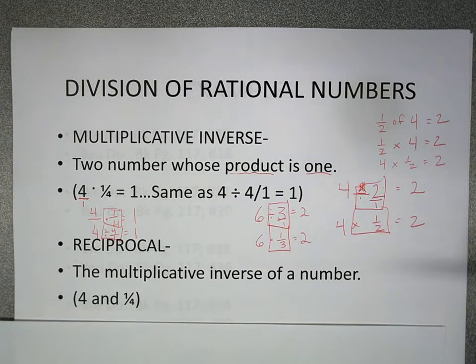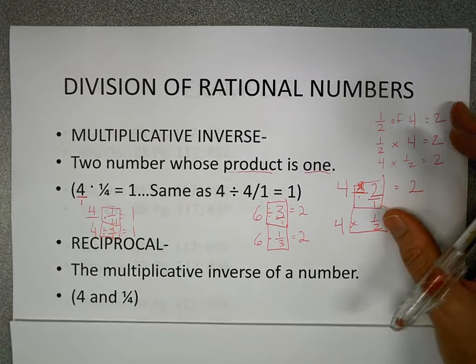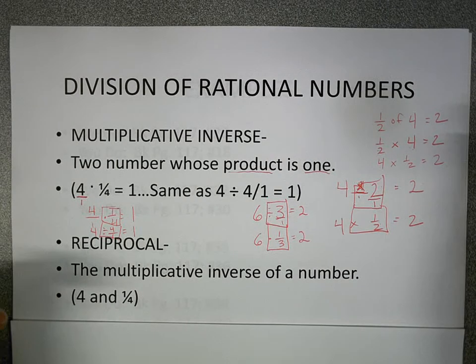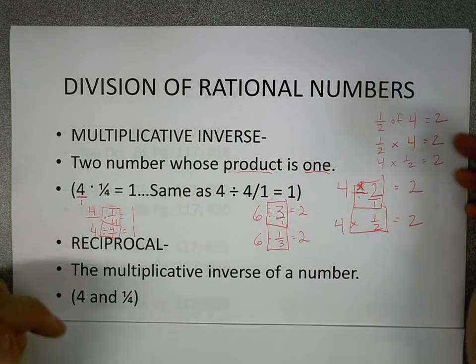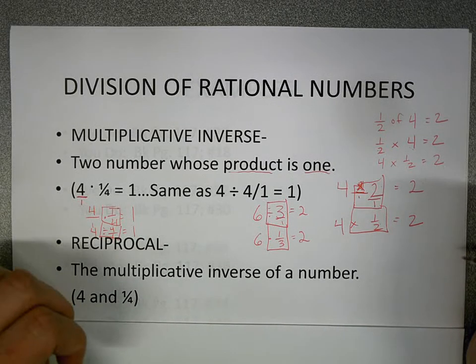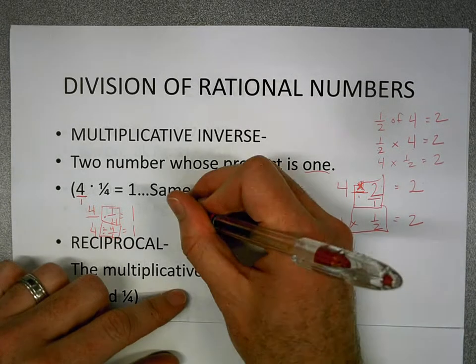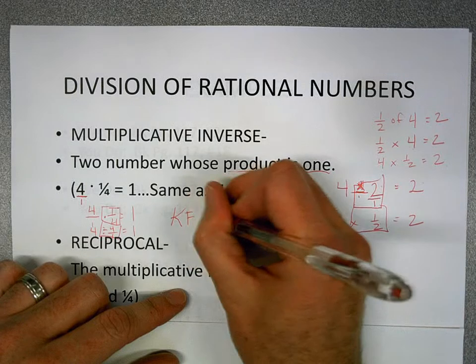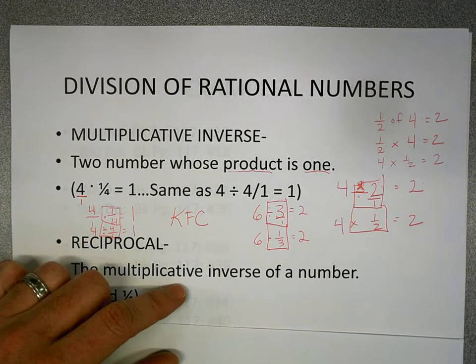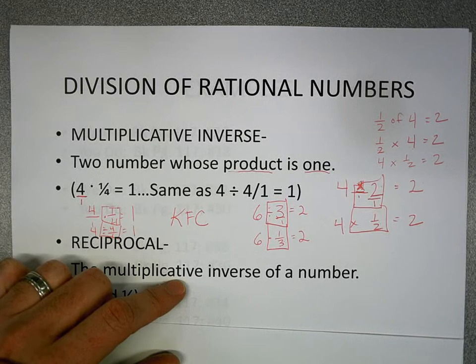You're going to end up with the same answer no matter what. Obviously, this was discovered years ago, and this is a strategy that your elementary school teachers refer to, many of them anyway, as KFC. Some teachers say KCF. It doesn't have quite the ring to it, but it would mean the same thing.